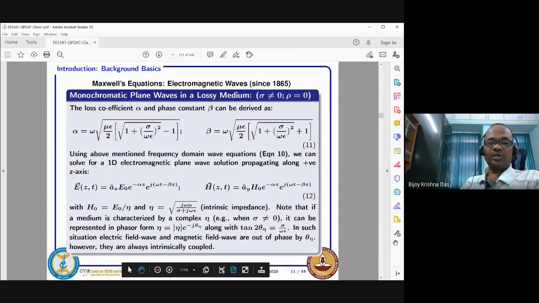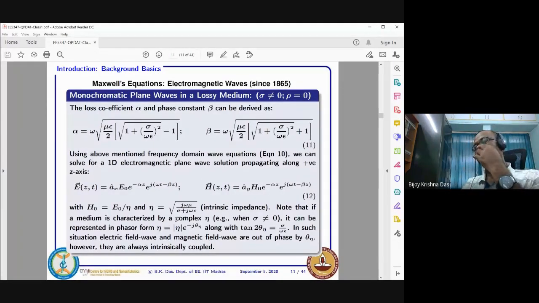So this is the case, that they may not be in phase, although they are sourced from the same origin. Electric field and magnetic field originate from the same antenna, same source, but in the medium when they propagate, they can go out of phase depending on the medium property. But still, they carry some energy.